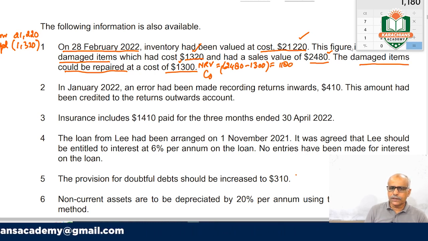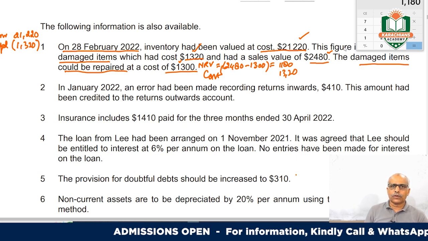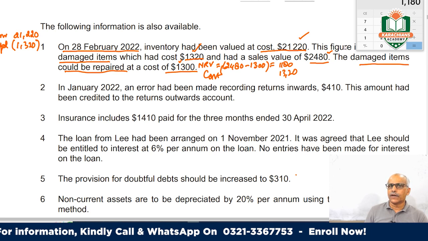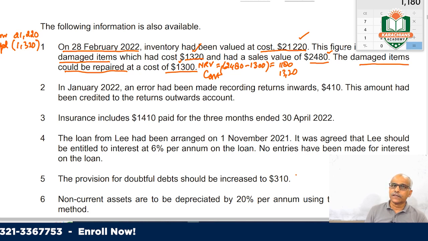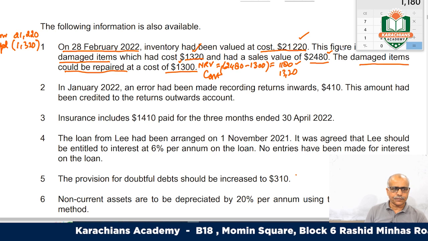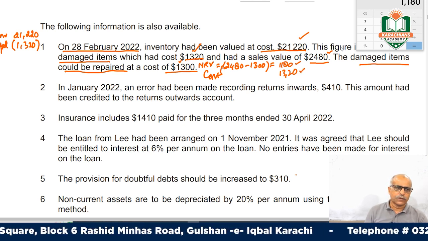And your cost is 1320, right? So we know when we calculate the ending inventory, we have to calculate it at cost or NRV, whichever is lower. So your NRV is 1180, and your cost is 1320, so you have to take the lesser value.